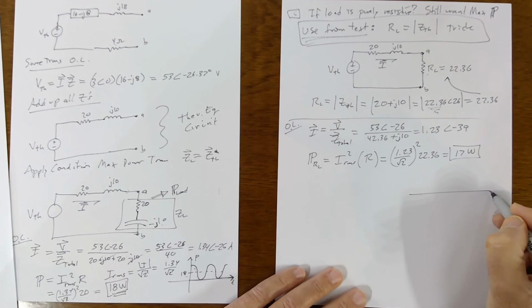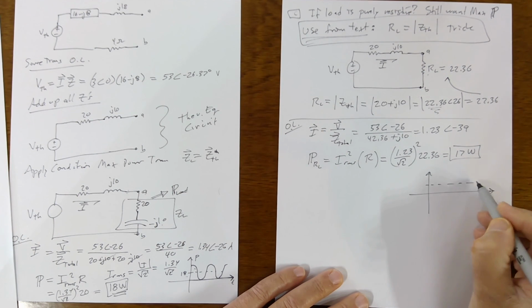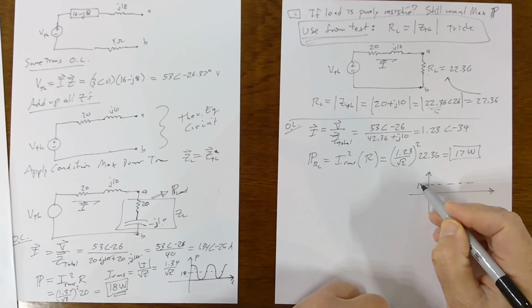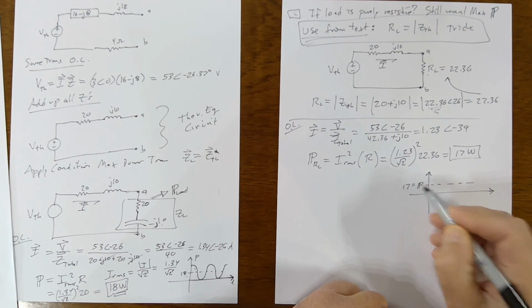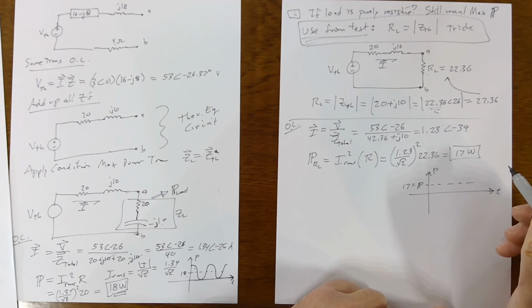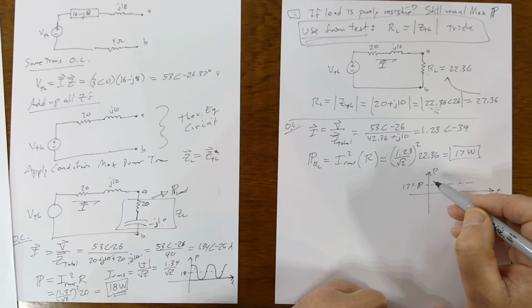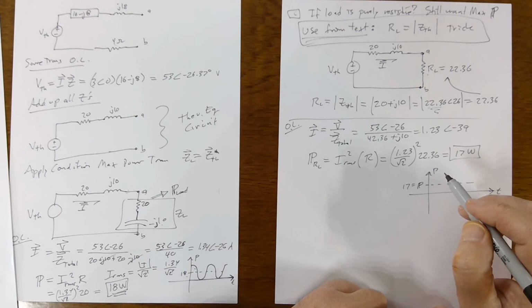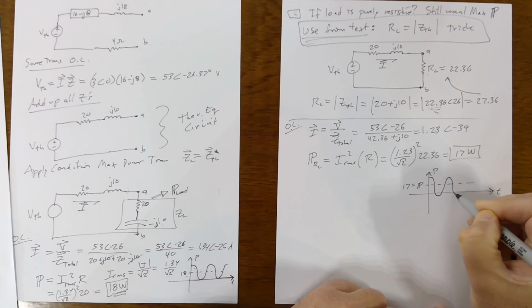So if you plotted that, that's kind of an interesting result. What it means is that the average power P is 17. This is P as a function of time, and the peak power, the time domain power, the complex power, we didn't calculate, but if you did, you would see that it dips below here.